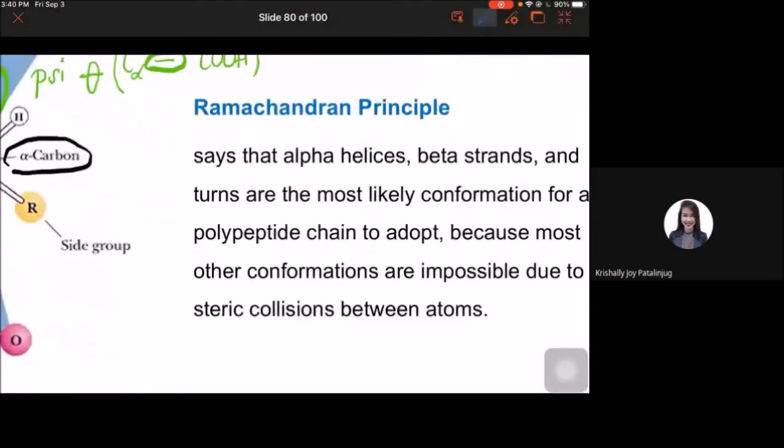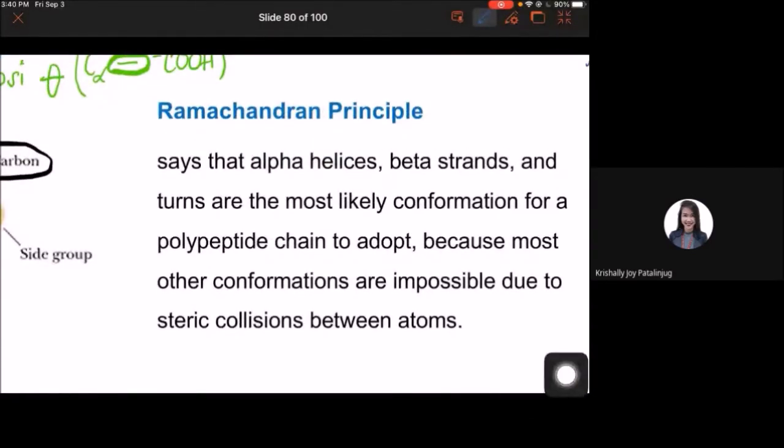Question: when phi angles are formed, what is the reason? Rotation of the bond between the alpha carbon and the amino group. Very good, because that is the phi angle. And what is the Ramachandran angle called when the bond between the alpha carbon and the carboxyl group rotates?